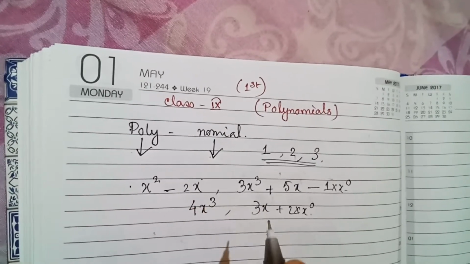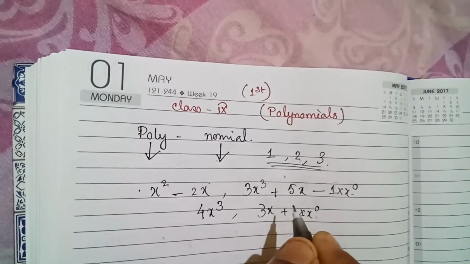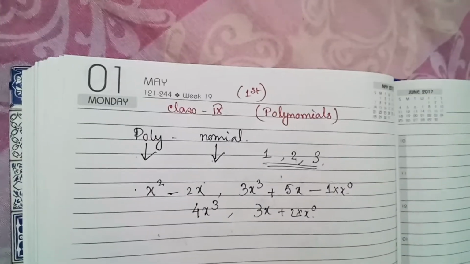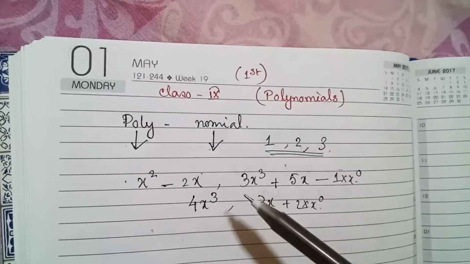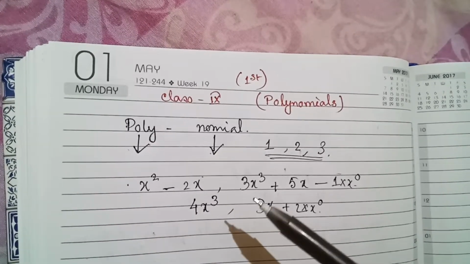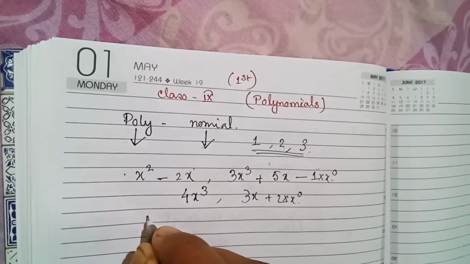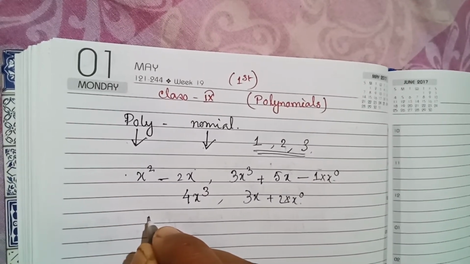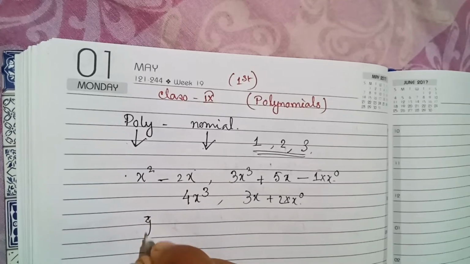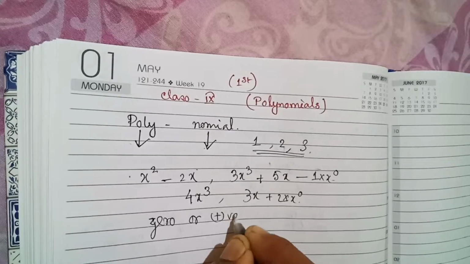Powers must be 0 or positive. Then only we can say that the algebraic expression is a polynomial in that variable. I'm writing it: powers must be 0 or positive.